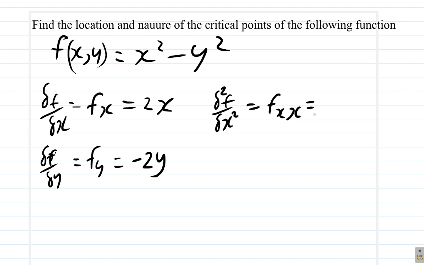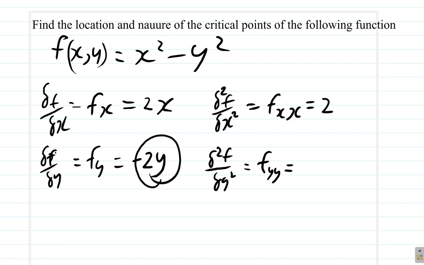Alright? So, when we differentiate this with respect to x, what do we get? Well, we're going to get 2. And then here, del square f by del y squared, same thing as fyy. What do we get when we differentiate this with respect to y? We get negative 2. Alright?